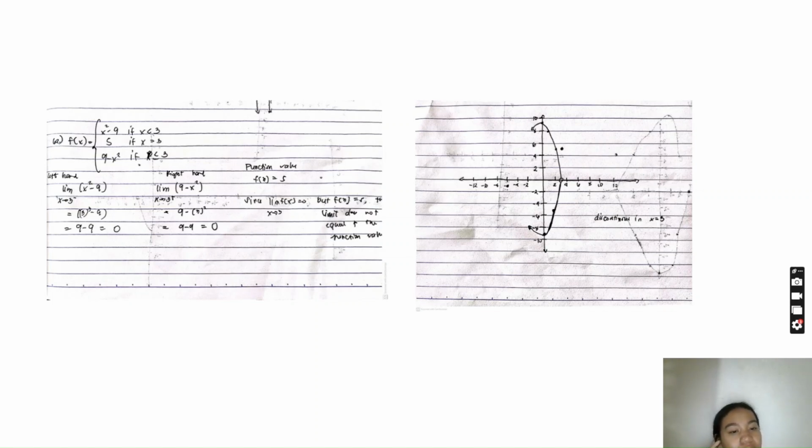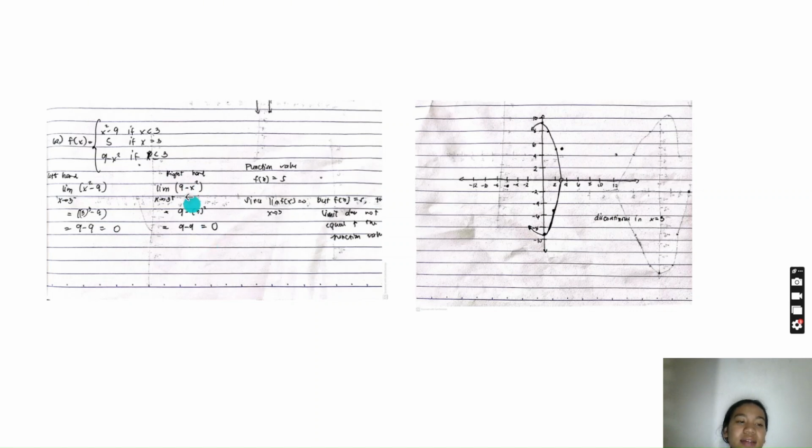We are now here in our piecewise function. f of x equals x squared minus 9 if x is less than 3, 5 if x equals 3, and 9 minus x squared if x is greater than 3. Now, for the left hand, we consider x squared minus 9, since it's from the left. Substituting 3, it gives us 0.